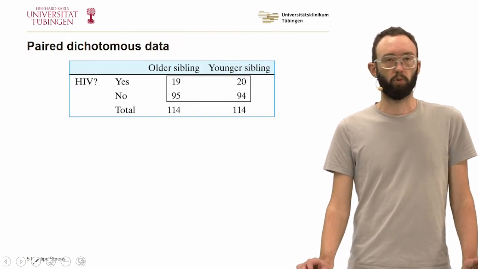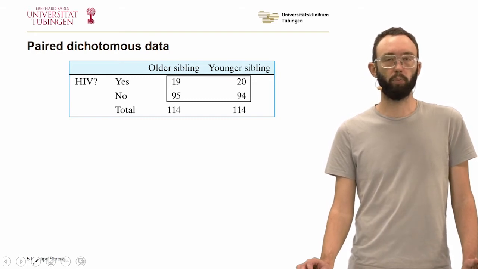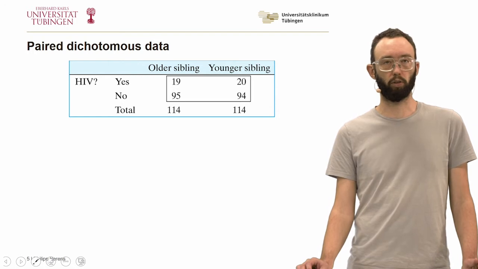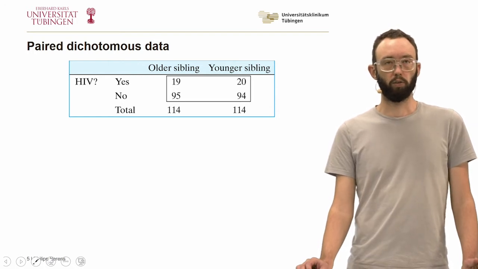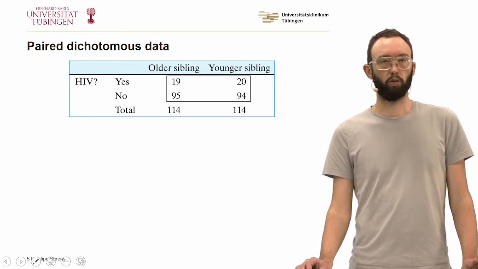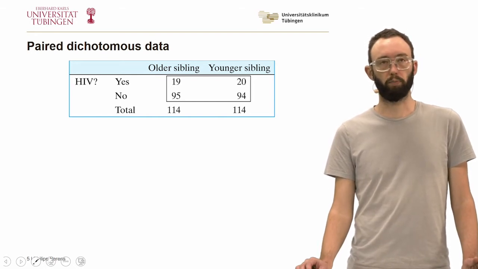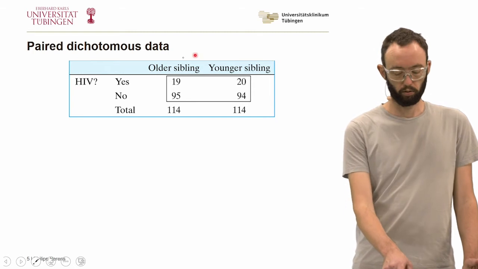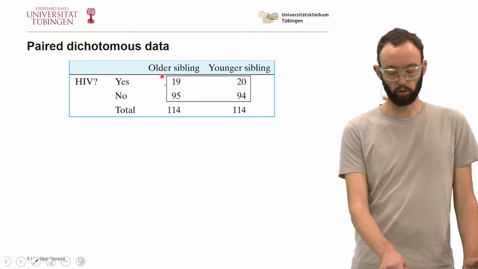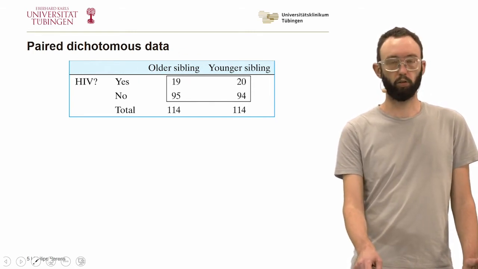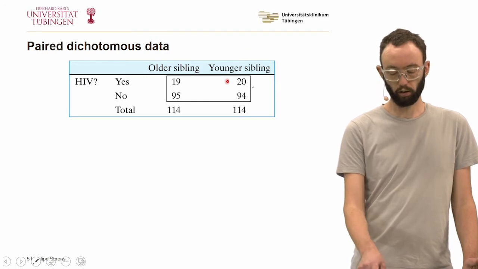Now we come to the case of paired dichotomous data. It's not so apparent in this representation of the data, but imagine you're interested in the transmissibility of HIV from mothers to children. We want to know whether older siblings have the same probability of being infected with HIV as younger siblings.